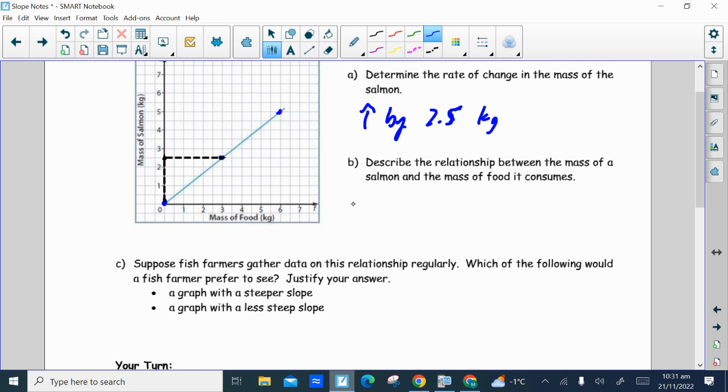Our relationship is rise over run, and for the section that I've shown here, it's rising 2.5 kilograms, that's the mass of the salmon, and it's running 3 kilograms.